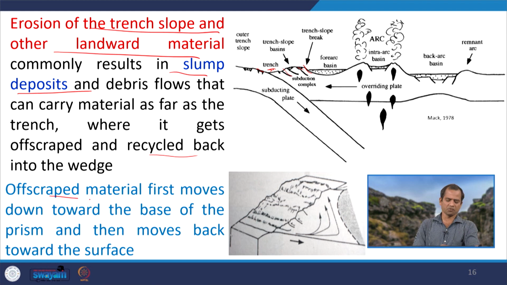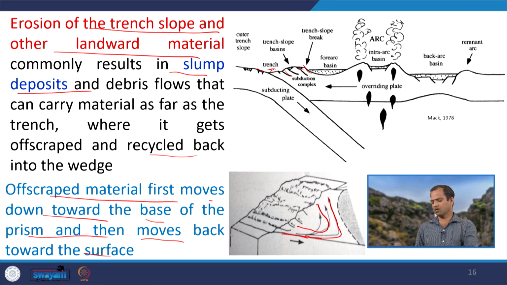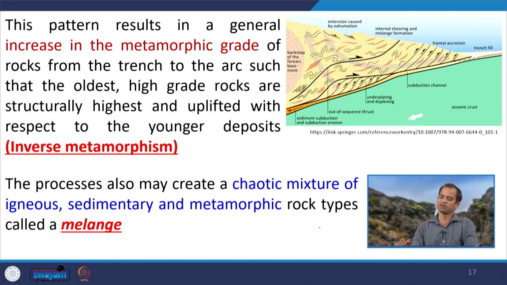So, the upscarp material first moves down to the base of the prism, and then comes back. If you see in this figure, it is going down and coming back like this. Due to this, you get a lower degree of metamorphic rock here, high grade metamorphic rock here, and further high grade metamorphic rock here.